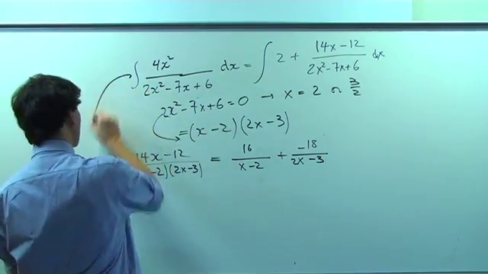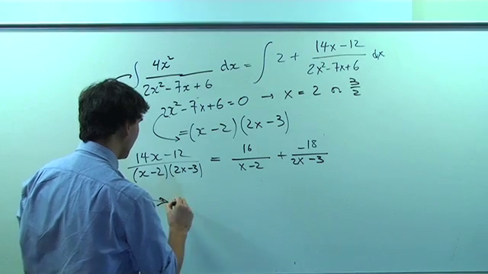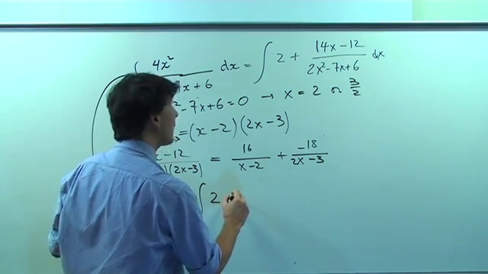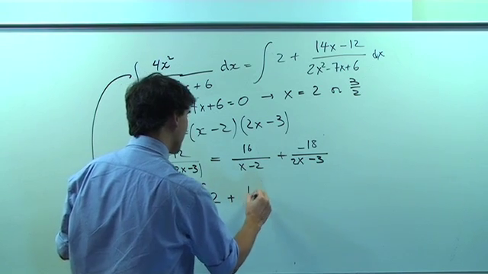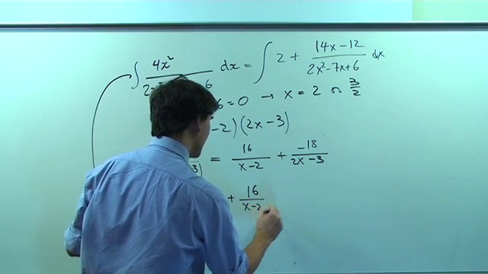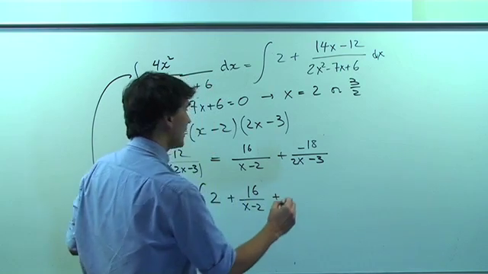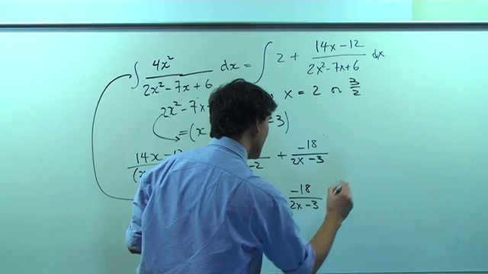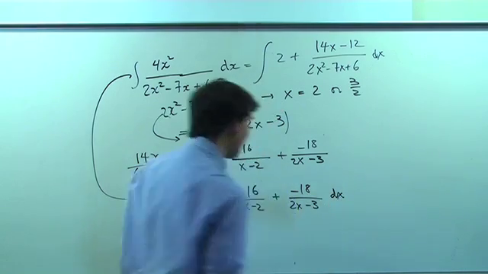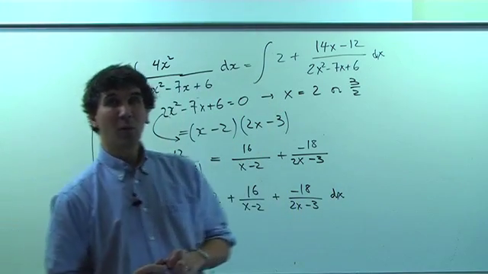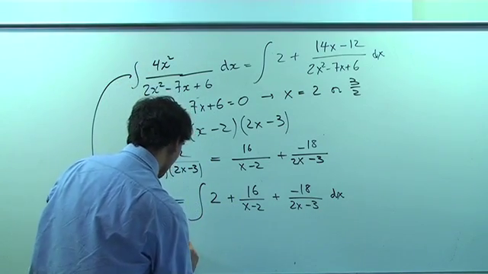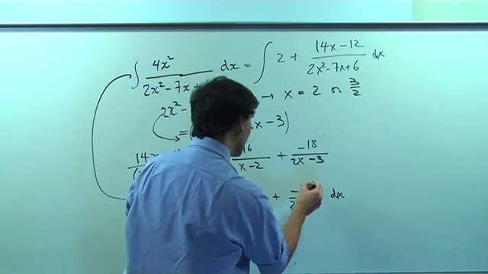So let's put this integral over here. So this integral is now the integral of 2 plus 16 divided by x minus 2 plus, then it is minus 18 divided by 2x minus 3, dx. And now this is in a form where we can go ahead and do the integrals. Well, we need to do one last step.